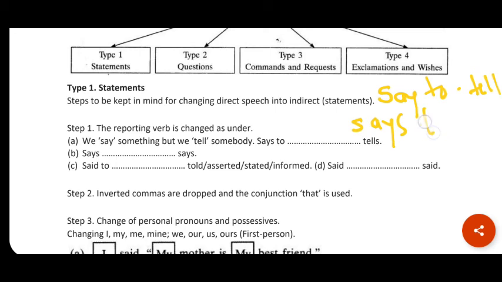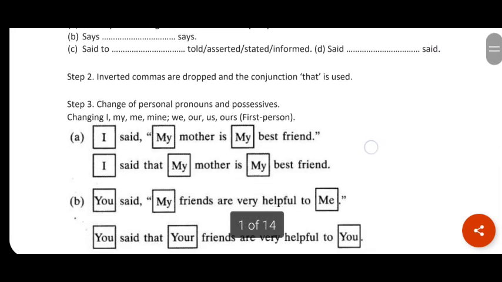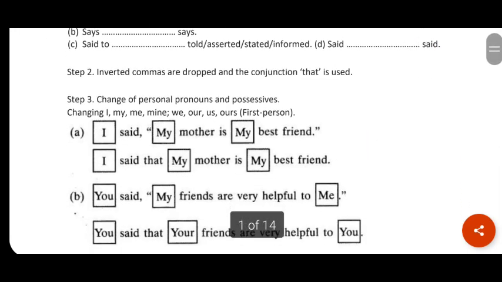Says to changes to tells, and said to changes to told. So these are the changes in the reporting verb. Now next step is drop the inverted commas, use the conjunction that. So you have to drop the inverted commas and you have to use the conjunction that.